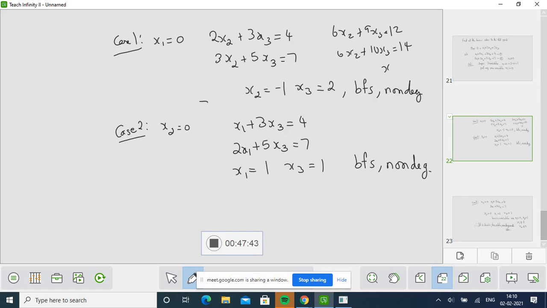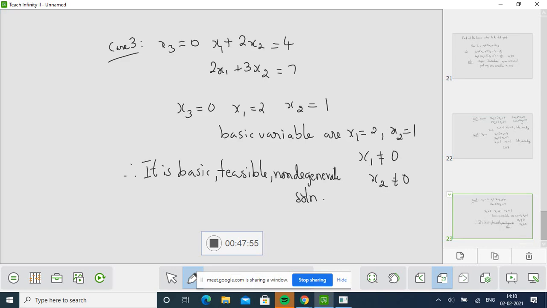In case 1, I get my z value to be 0. In case 2, I have 1 and 3. 1 plus 3 is 4. So I have z value to be 4. In case 3, what is z value? I have x1 is 2 and x2 is 1. So here I am having z equal to 5.